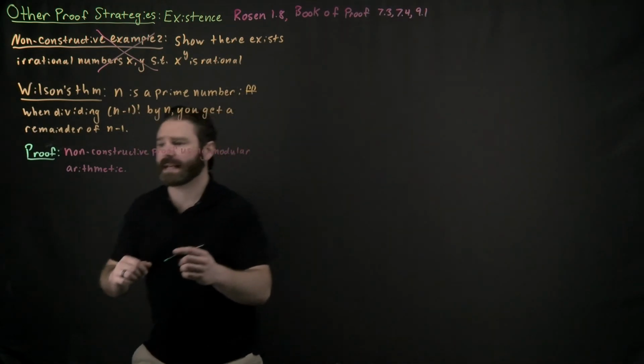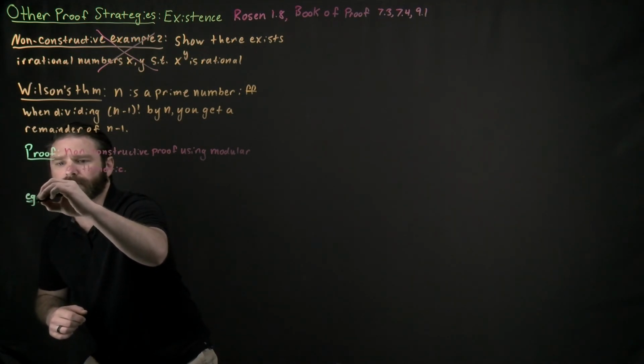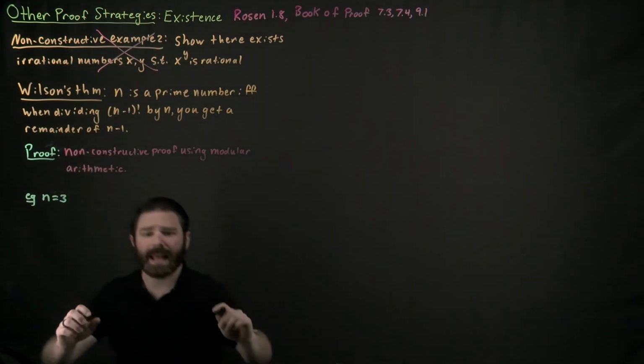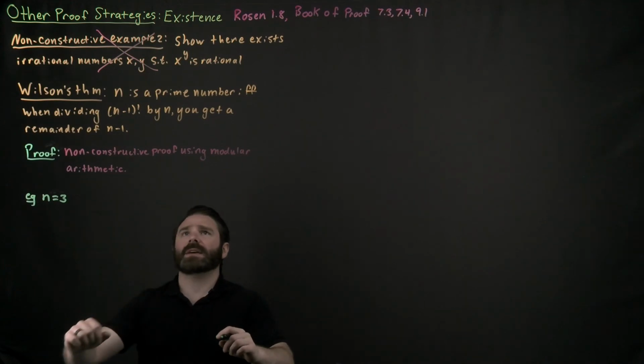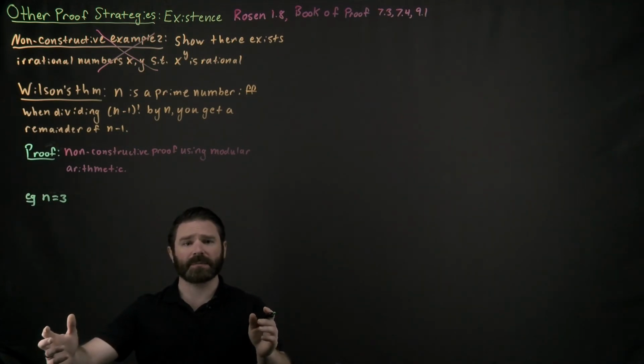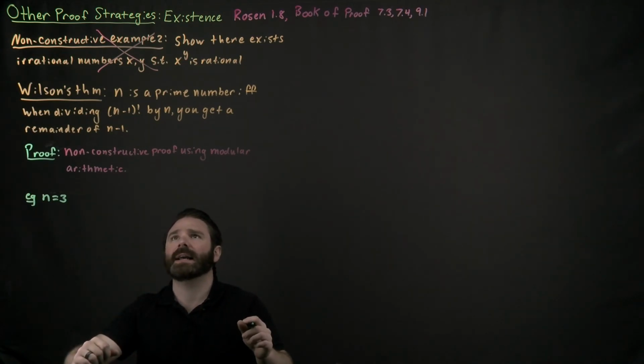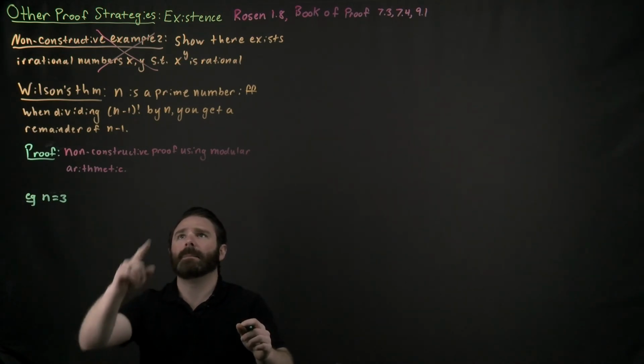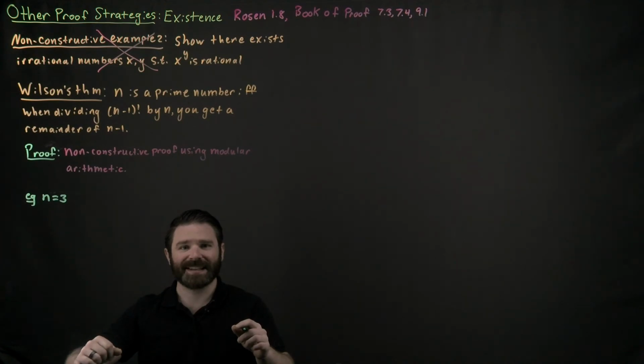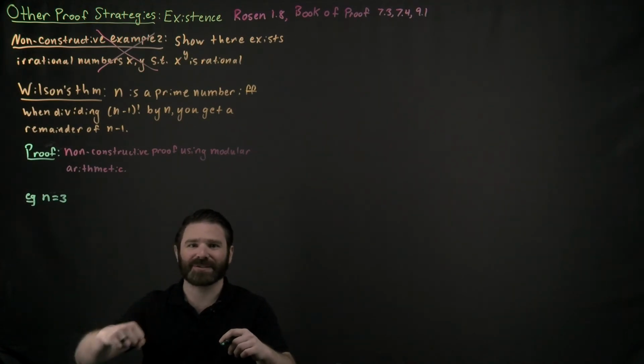Let's take n equals 3. I want to use Wilson's theorem to check whether or not that's a prime number. It says that I have to divide n minus 1 factorial by n and check what its remainder is. So we have to pull out our old grade school arithmetic.